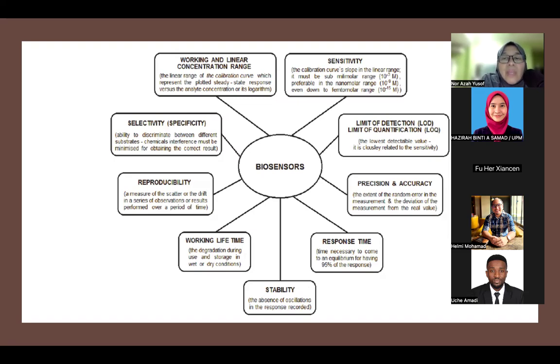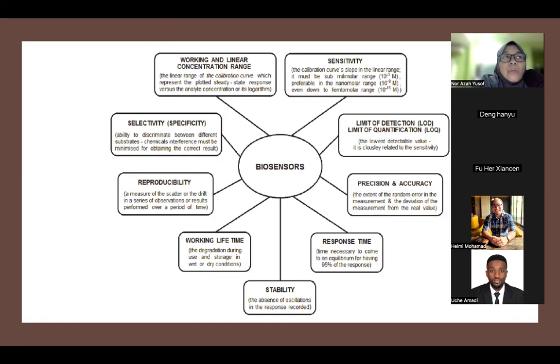So how do we test the sensitivity? It depends on the method, the transducer. If it is quantitative, usually we use a calibration curve, okay? Just like what we have learned in statistics. You have to study the linear range, what concentration of the analyte gives a linear range until what limit, because we understand that there is always a limitation.